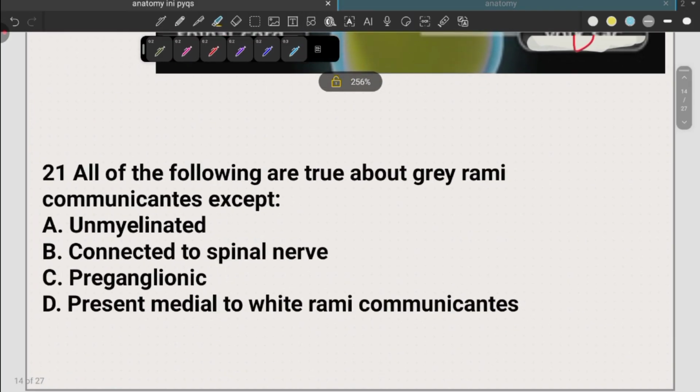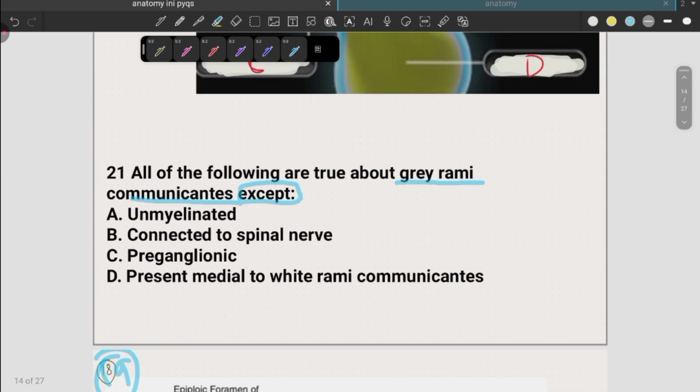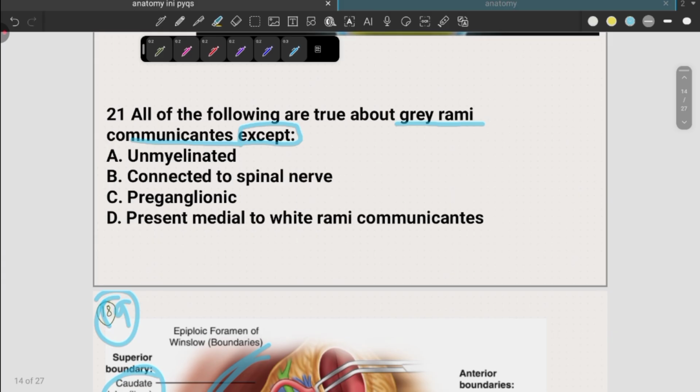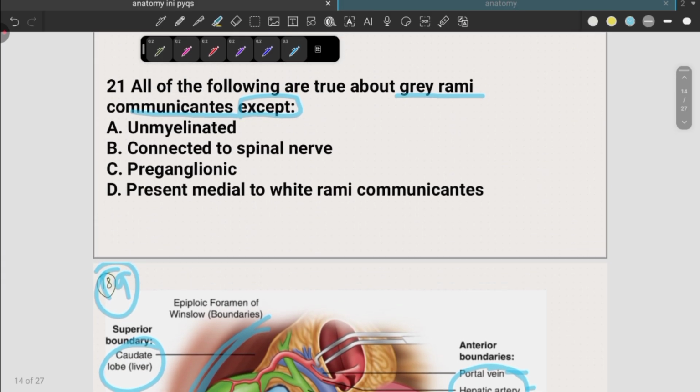All of the following are true about gray rami communicantes, except, they have asked. This thing I am not going to explain in detail, but there are two rami, gray rami and white rami. The gray rami is unmyelinated, correct. Connects to spinal nerve, yes, correct. Present medial to the white rami communicantes is also a correct answer, but it's not preganglionic.